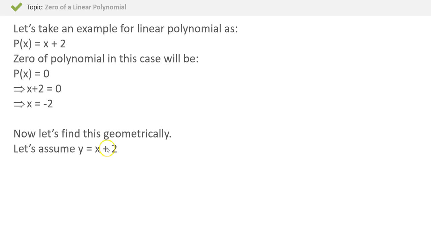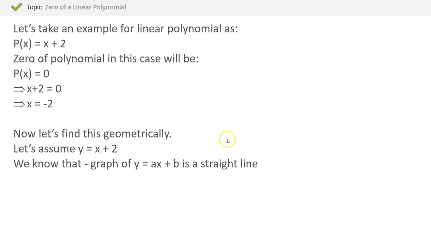Let's assume y equal to x plus 2. We know that the graph of y equal to ax plus b is a straight line. So every graph of y equal to ax plus b for different values of a and b will always be a straight line.